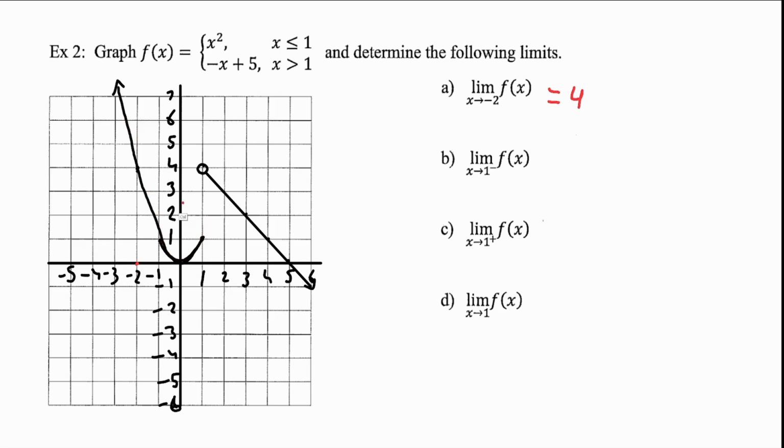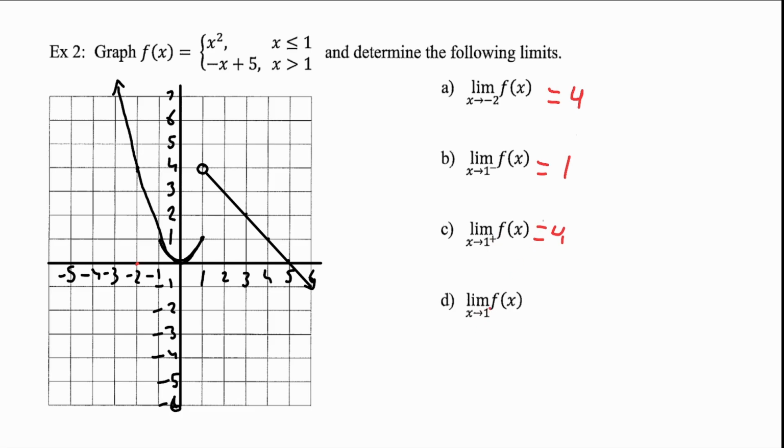So we can say that the limit as x approaches 1 from the left of our function f of x is just equal to 1. But now we're asked to approach 1 from the right side. So let's do that. If we approach 1 from the right side, we can see it approaches 4. And so these two are different. So when we approach 1 from the right, it's equal to 4.